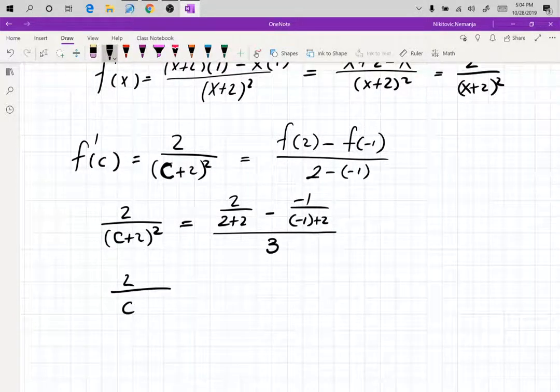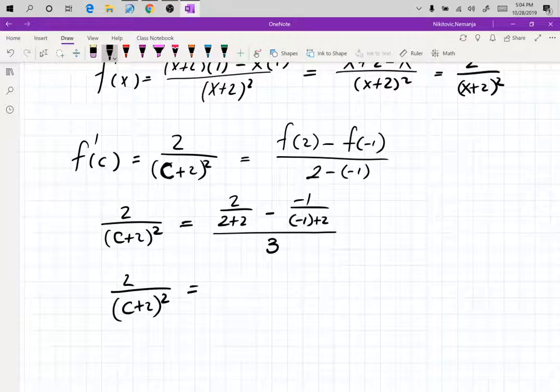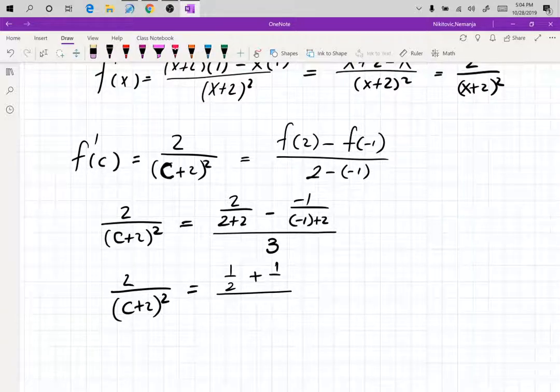So 2 over 4, that's 1/2. Minus and minus will give me a plus. Plus 1. There we go.